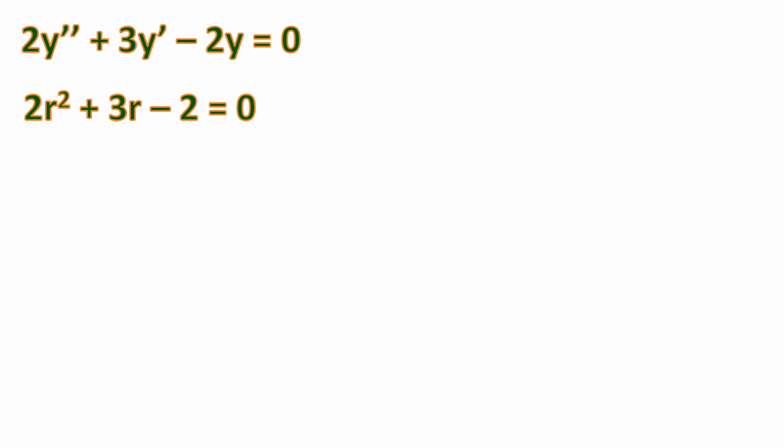So we're not going to include an r for it, because it means r to the 0. And then the next thing to do is to find the roots of this auxiliary equation.